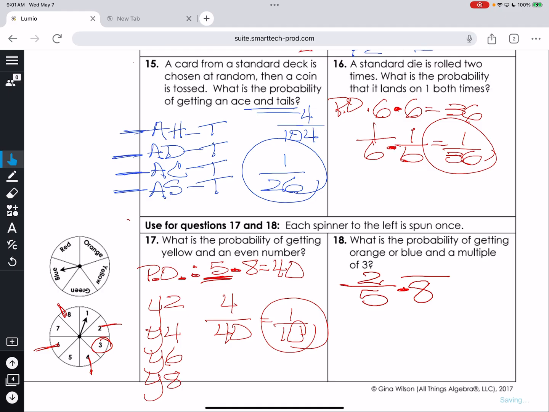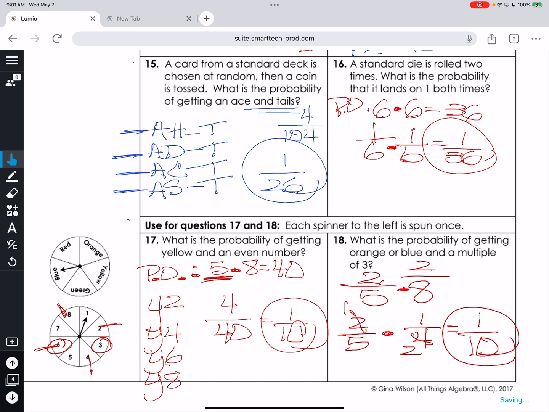That's going to be a 3, a 6. We had 2 options. So it's 1/4. And you multiply. And you could even simplify, go ahead and cancel out. I didn't do that. But you did in the end. Yeah, you told me 1/10.